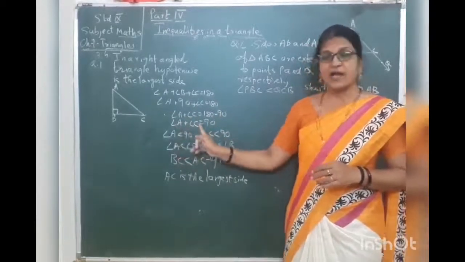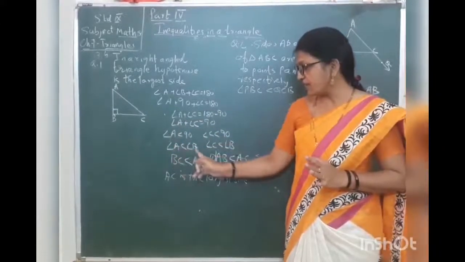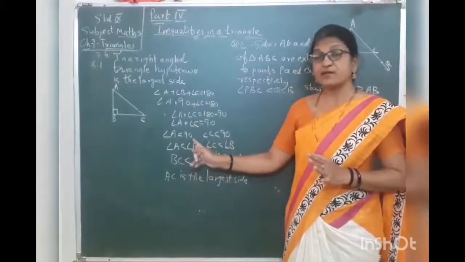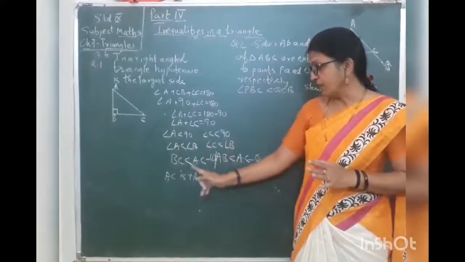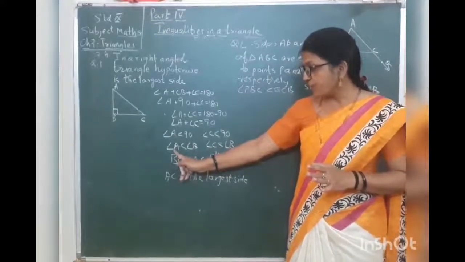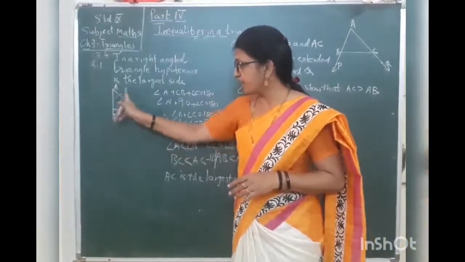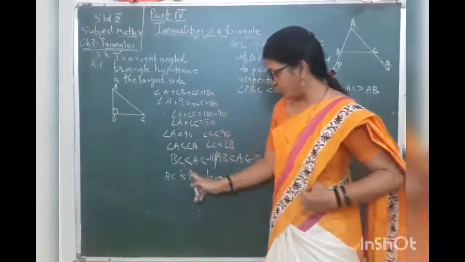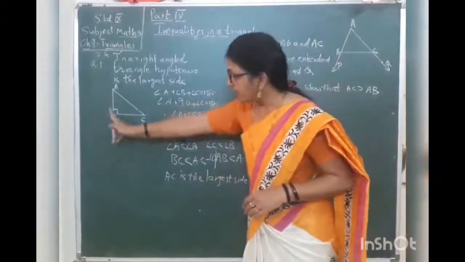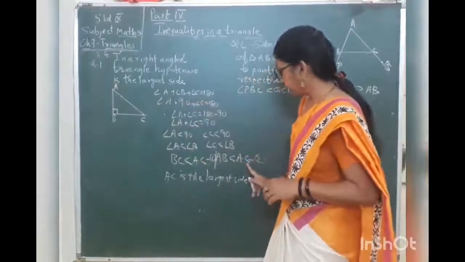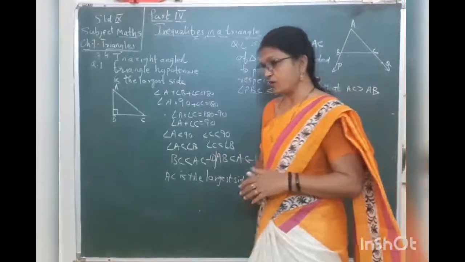That means both angle A as well as angle C are acute angles, less than angle B, which is 90. From both these, 1 and 2, you can say that AC is the longer side.